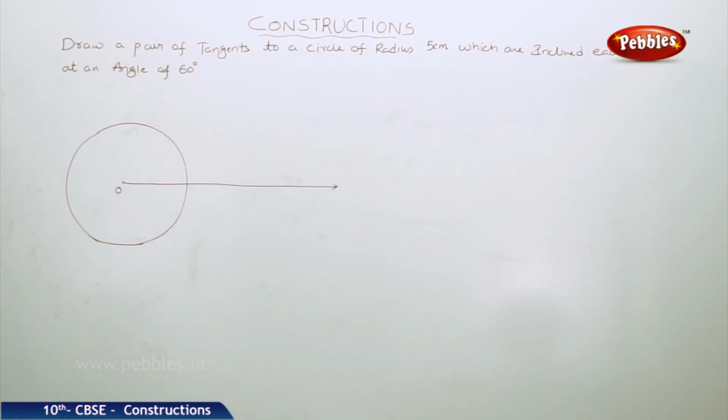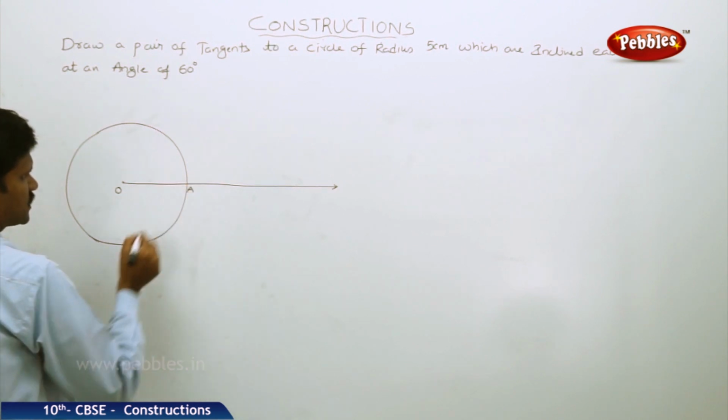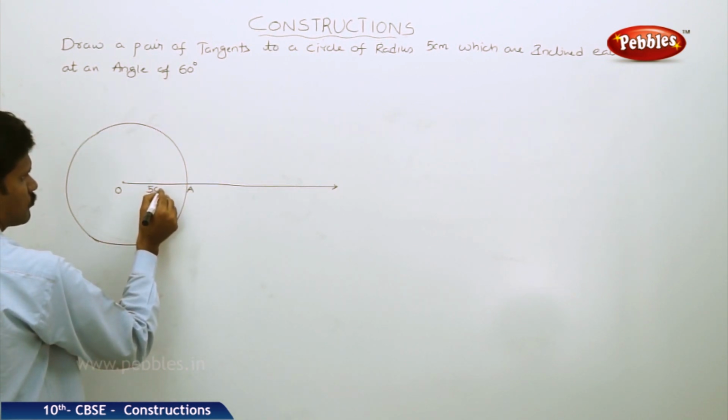And OA be the radius, which is 5 centimeters.